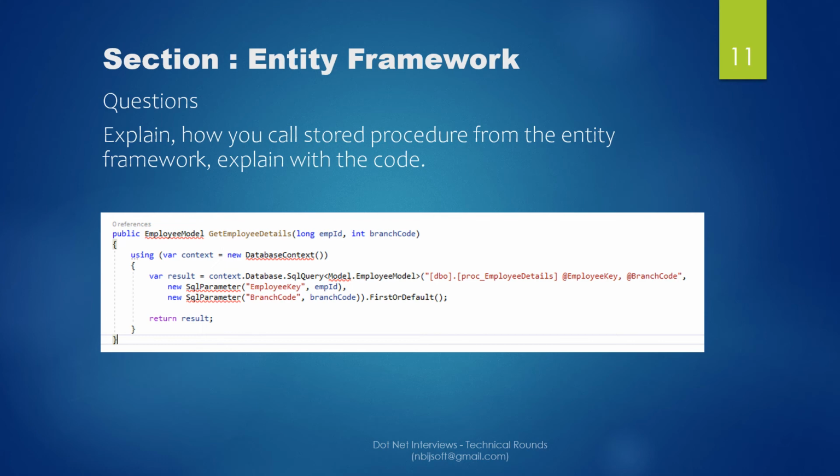Whenever you want a result, suppose someone returns a bool type, someone a string, someone an integer, someone void. If I want to get a model as the return type, at that time we have to use context.model.SqlQuery, and we have to mention which model we are trying to return, and define the stored procedure name and the parameters for it. So I mentioned it like that.